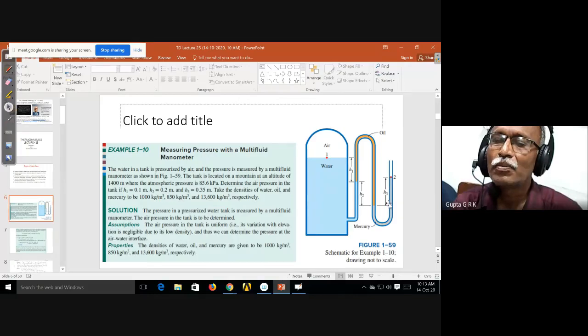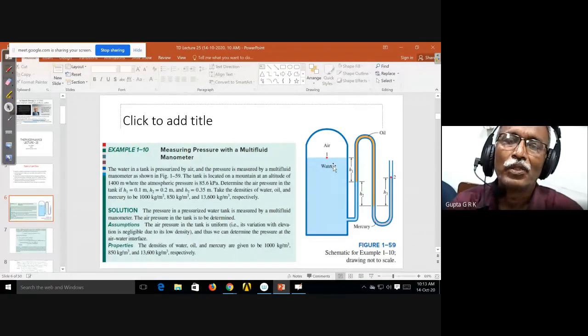So I have to add this pressure rho g h, and then I got here, and this is also the same pressure, so I have to go here. So this rho g h I have to use. You have to know which liquid, that particular density and that particular height you have to use. Once I get here, again I have to go up, so minus rho g h. In this way, you can find out the differential pressure between 2 points. So that is the way you have to tackle it.